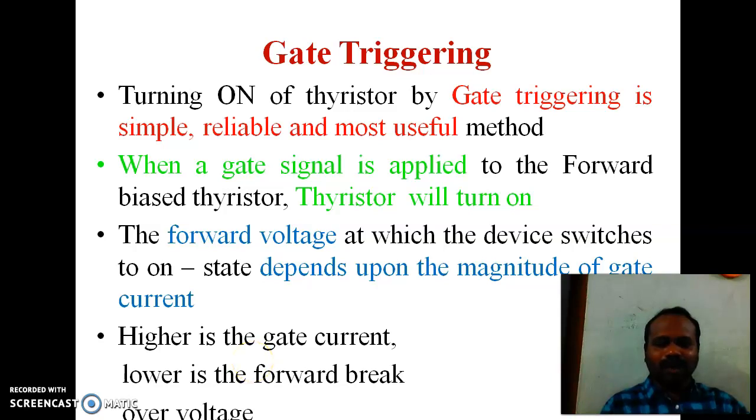So this value of VBO depends upon the magnitude of gate current. The relation between the forward voltage and magnitude of gate current is inversely proportional. If the gate current is higher, then the forward breakover voltage is lower.